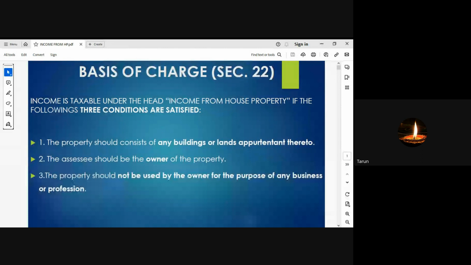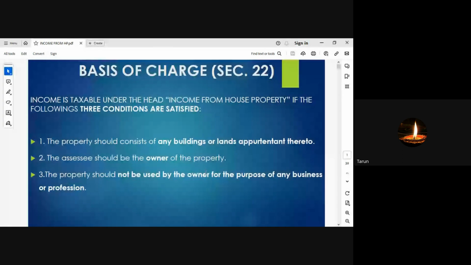All right, students, let's begin the session now. Today's session begins with income from house property. Any income, whether it is rent received or related to any property being used for commercial purposes on a rental basis.